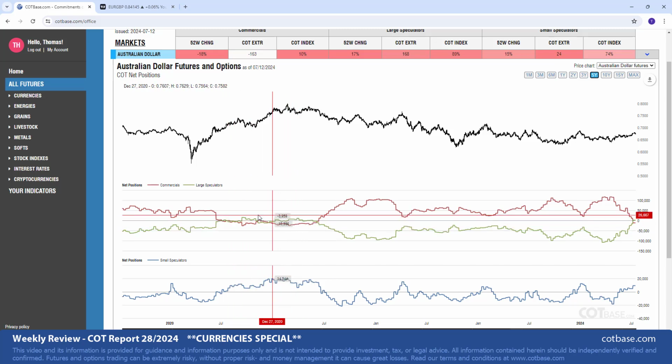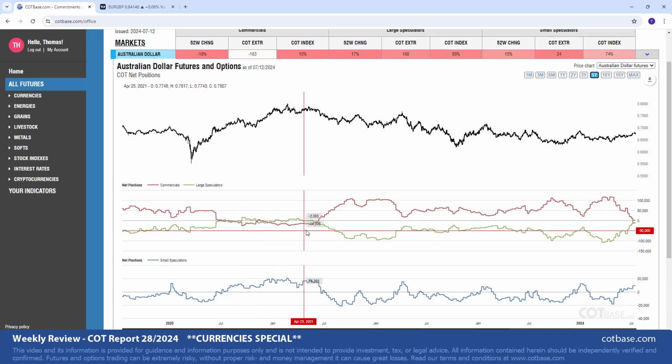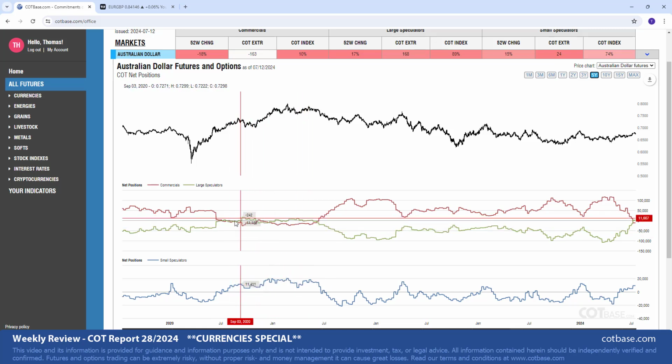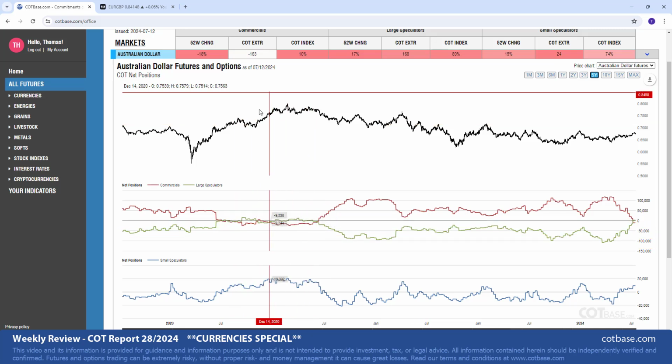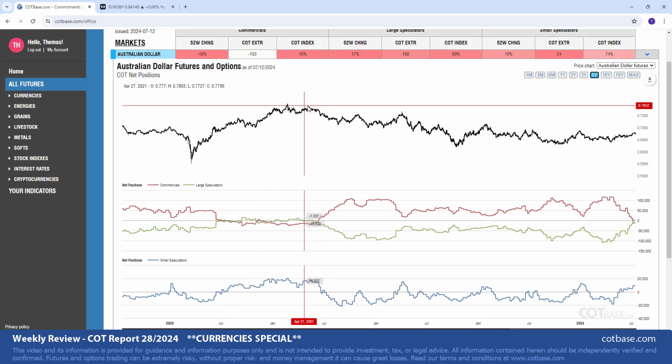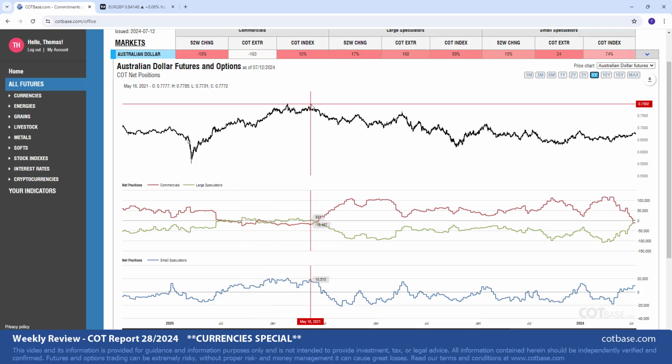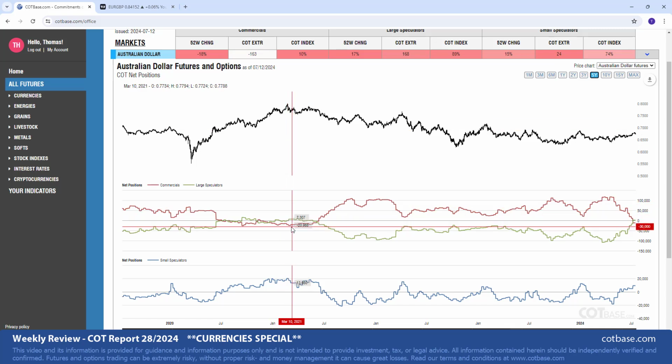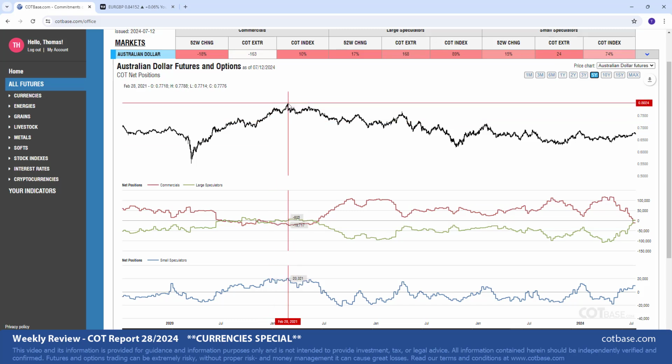Now this in itself can be considered a successful bearish COT extreme signal, because as you can see, it halted this rally. So once traders reached, well, on this 5-year chart, their most bearish extreme level, that actually coincided with the top in the Australian dollar on this 5-year chart.